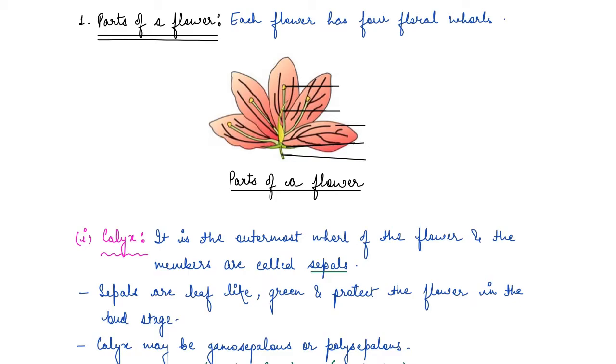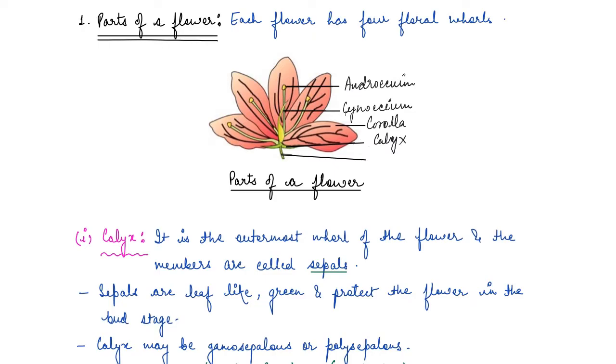Basically, each flower has four floral whorls. These four floral whorls are Androecium, Gynoecium, Corolla, Calyx.